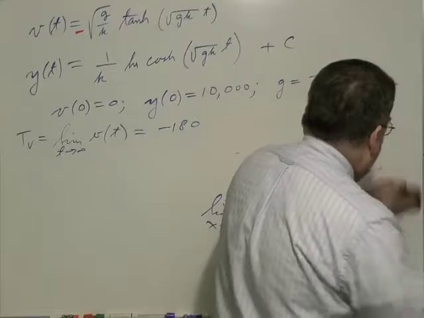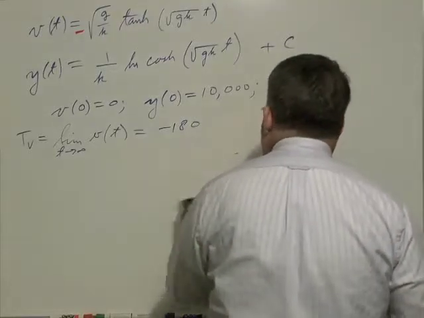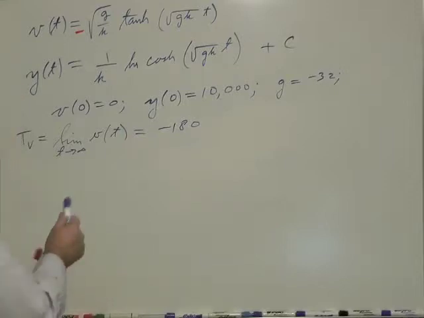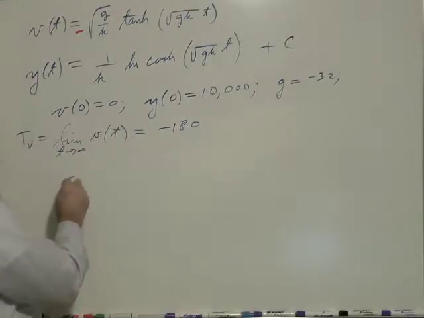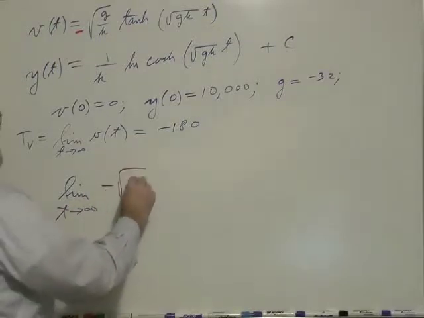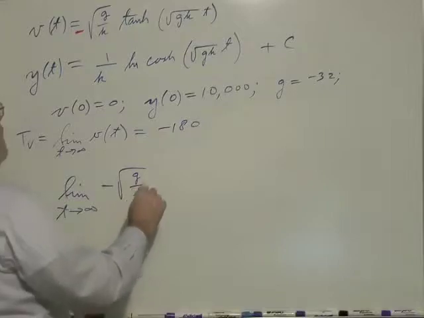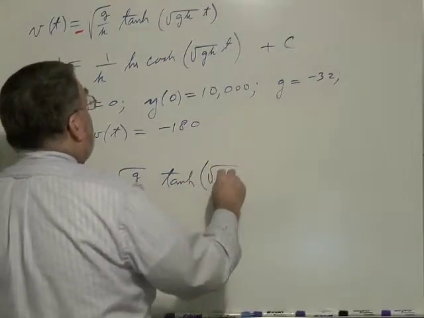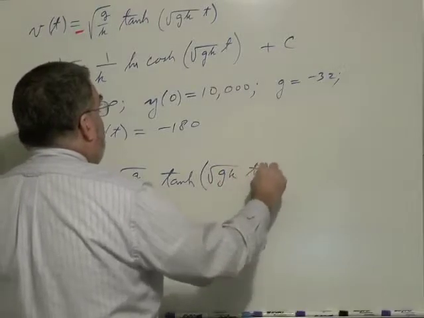So if I go up here and use that, it's going to allow us to figure out what k is. So I have the limit as t goes to infinity of negative square root of g over k times tangent of parentheses square root of gk times t.